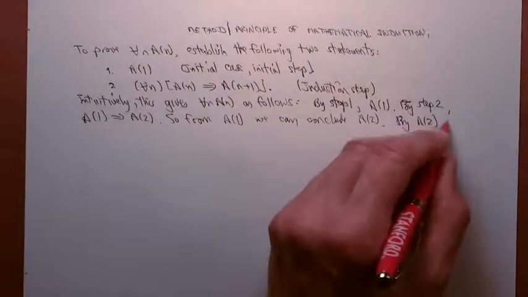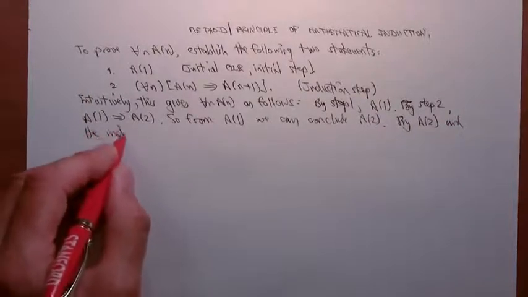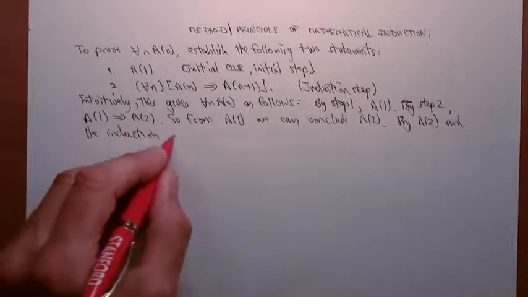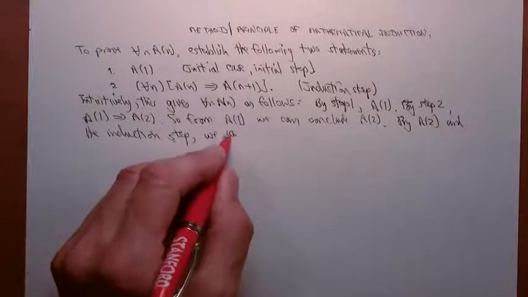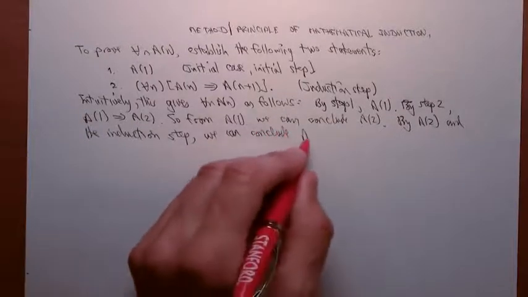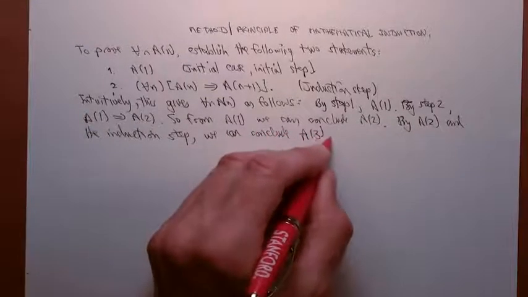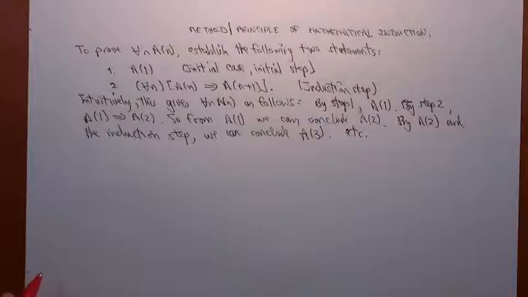So by A of 2 and the induction step, we can conclude A of 3, etc., all the way through the natural numbers.